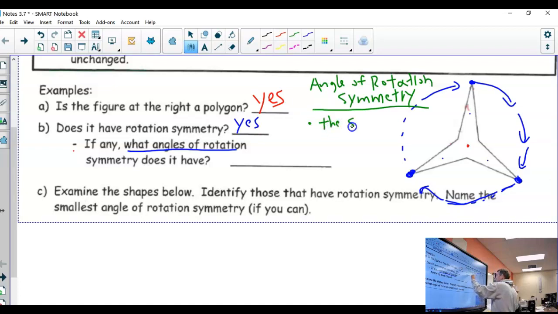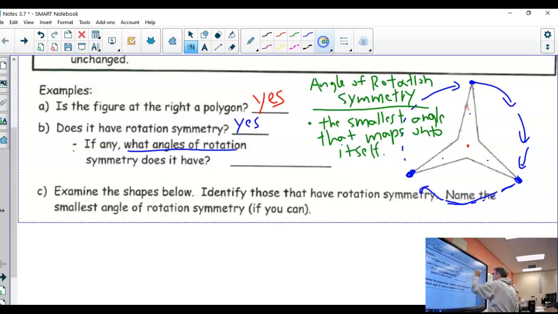Technically, it is the smallest angle that maps onto itself. And the way you calculate that angle is by doing 360 divided by the number of times it matches.